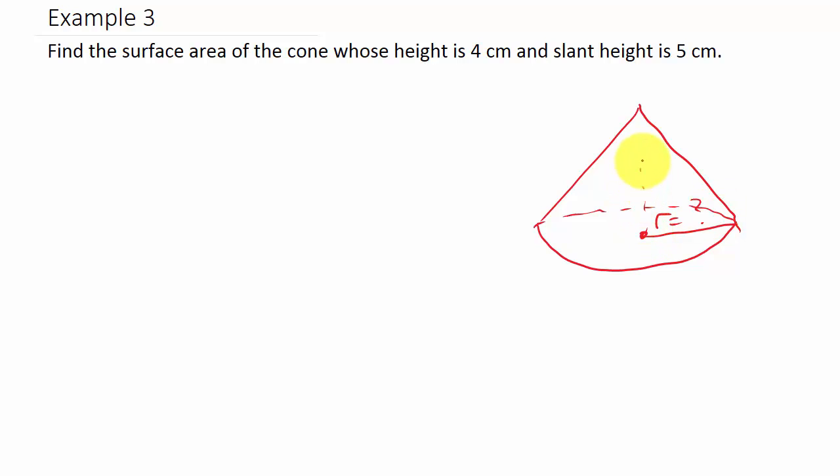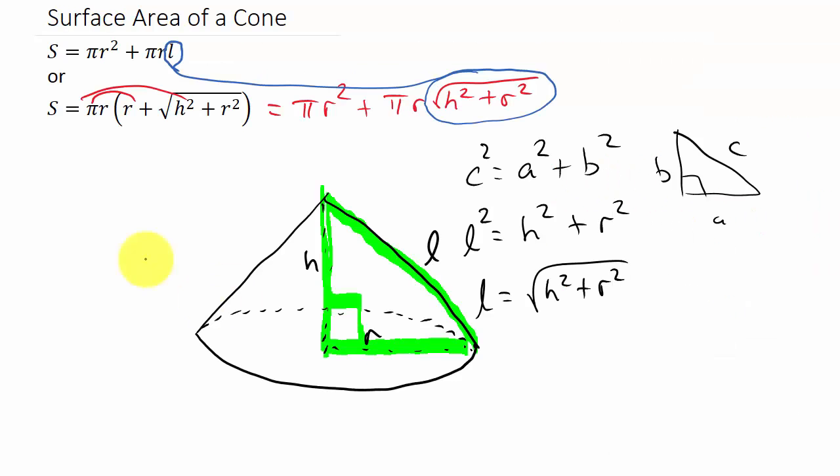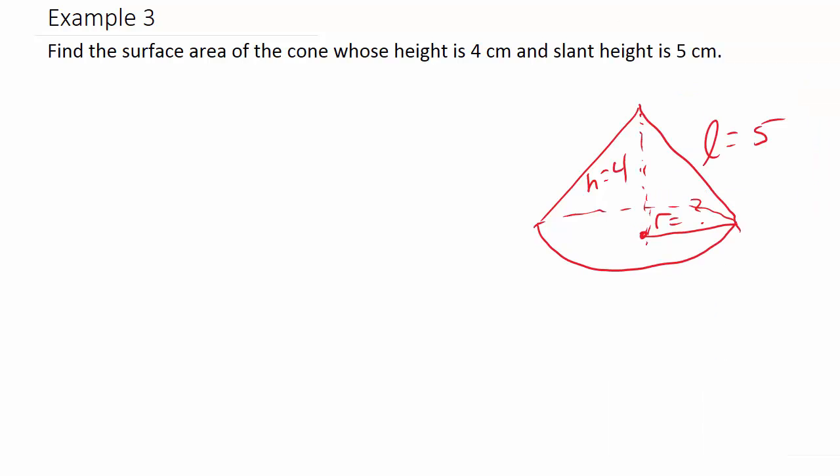Then we have the height, which is 4 centimeters, and the slant height, which is 5 centimeters. Well, if you remember, in both formulas you have to know the radius. So for this one, we have to actually calculate the radius. Well, remember this.